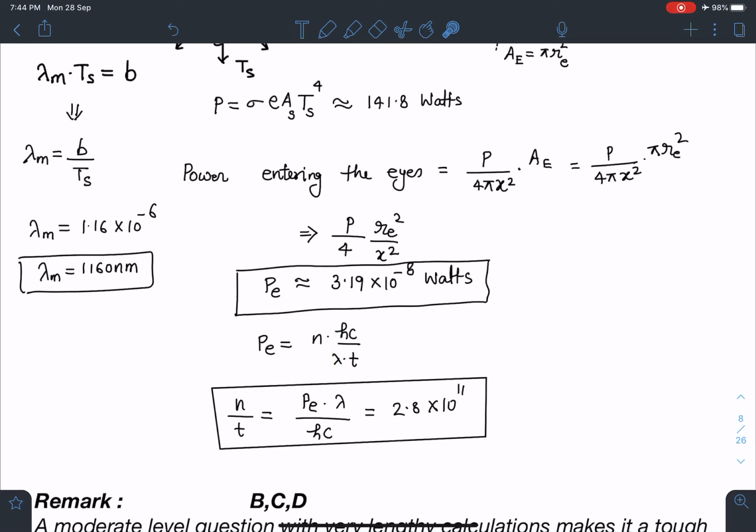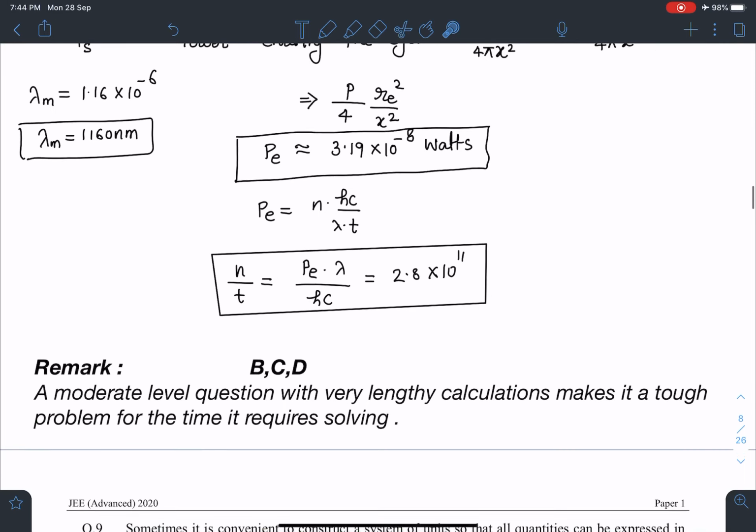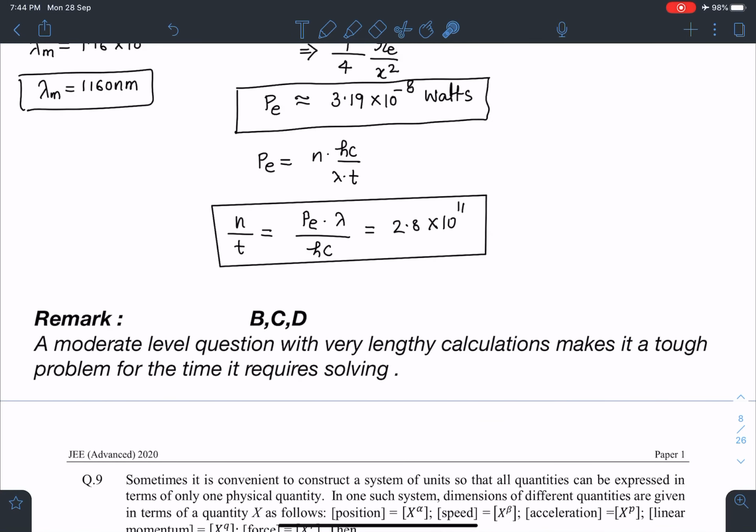Energy per unit area basically I'm writing, and hc by lambda is the energy of one photon, into the number of photons divided by T. So this n by T value I have to find, and if you substitute, it comes as 2.8 into 10 to the power 11. That also comes into the same range, so I'll be accepting this as my answer. BCD is the answer. It's a moderate level question with very lengthy calculations, which makes it a tough problem for the time it requires for solving.